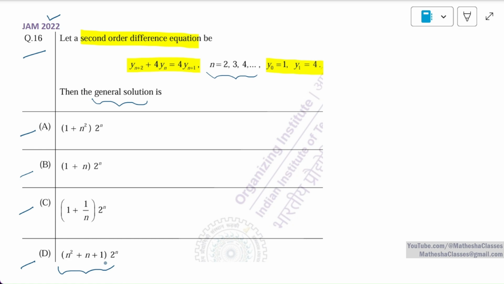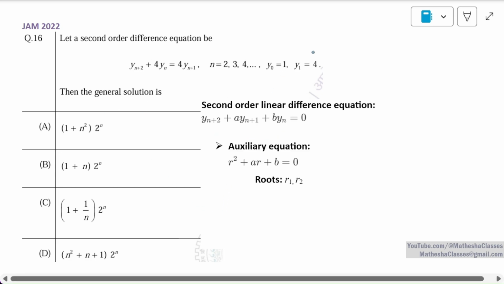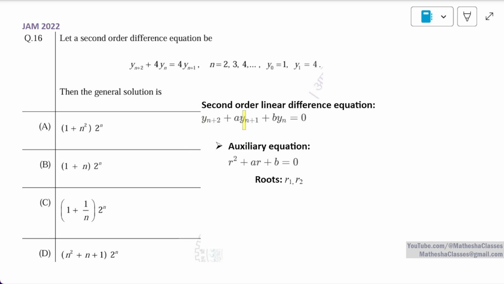So at this stage, we'll briefly recall one thing, that whenever you have a second order linear difference equation of this form, y_{n+2} + a y_{n+1} + b y_n = 0, then to get the general solution of it, first of all, we'll form the corresponding auxiliary equation, where we'll replace y_{n+2} with r^2, y_{n+1} with r, and y_n with 1.